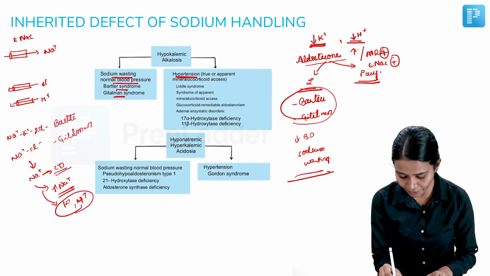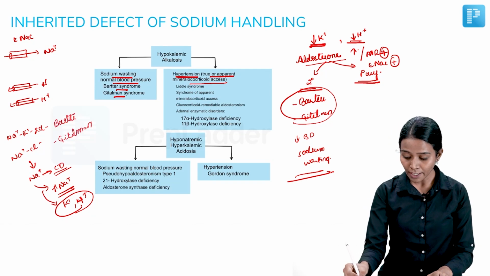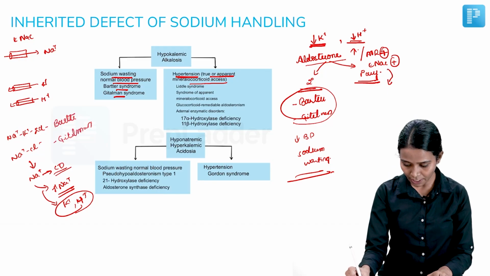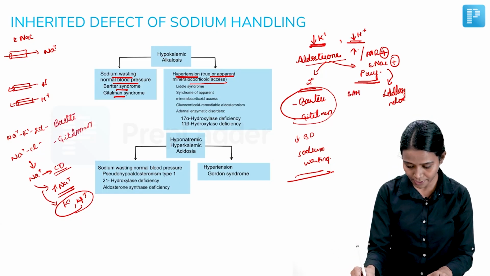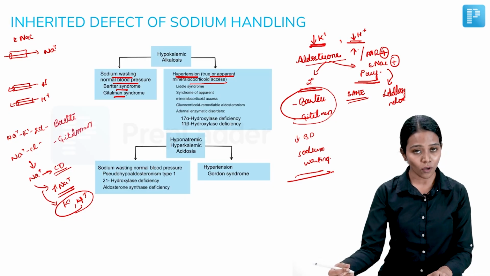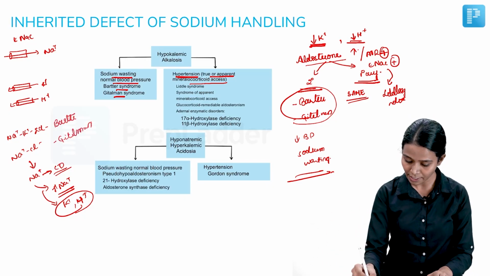Second one is hypertension. This is true or apparent mineralocorticoid excess. So there is activation of the ENaC channel, which is Liddle syndrome. Or there is syndrome of apparent mineralocorticoid excess, in which cortisol has a function like aldosterone. So we can assume that aldosterone levels are increased.